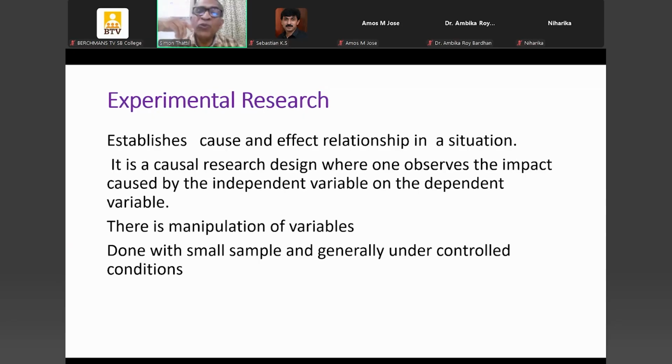So it must be through manipulation of variables or controlling the variables. Generally, it is done with small sample and generally under controlled conditions, because if there's no control conditions, the intervening variable will generally have its impact. And there will always be a question: how are you assigning the change in the dependent variable exclusively to what has happened through the independent variable? Because other forces will be there. Again, when I'm saying price and demand, demand could have increased because of season.